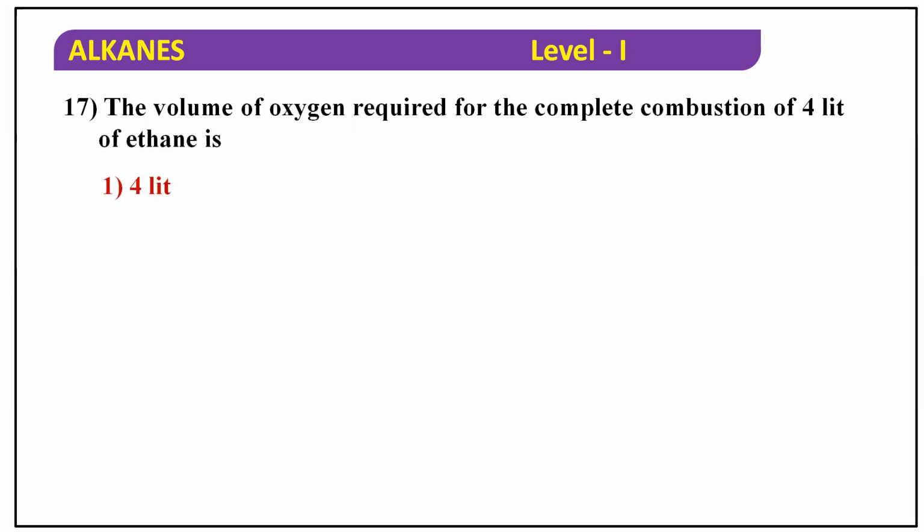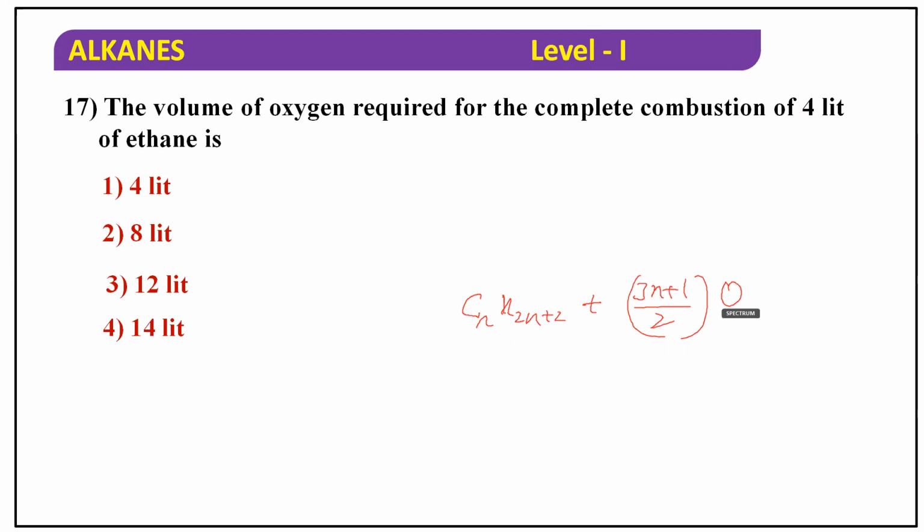The volume of oxygen required for 4 liters of ethane. What is the formula? Try to recall the formula. CnH2n+2 plus (3n+1)/2 O2.